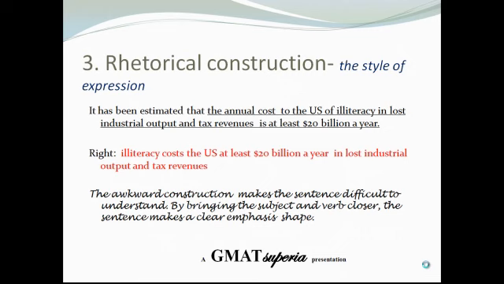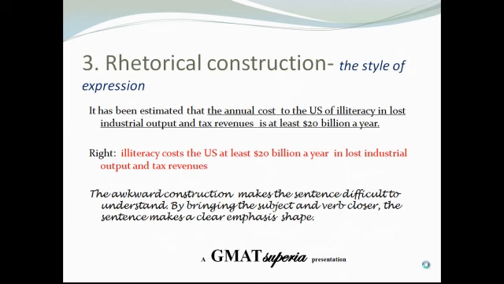Are we very sure what the subject and the verb is? Now, after "it has been estimated that," there has to be a subject and a verb. Is it the annual cost that you're talking about? Or are we talking about illiteracy? So the main problem here that we're discussing is what is the cost of illiteracy to the US?